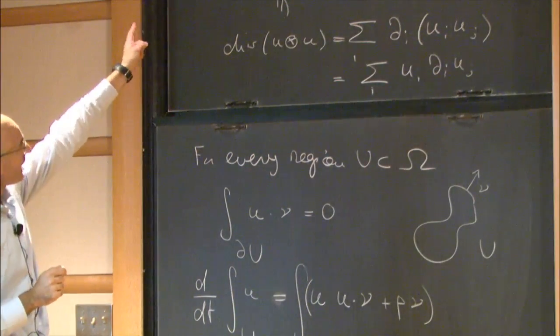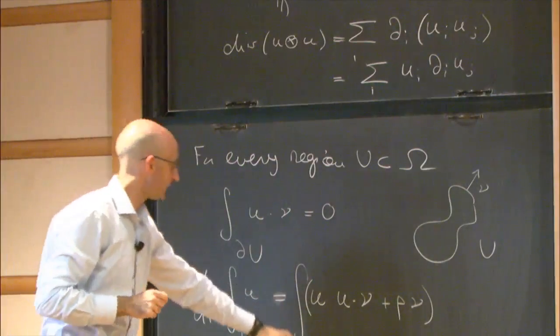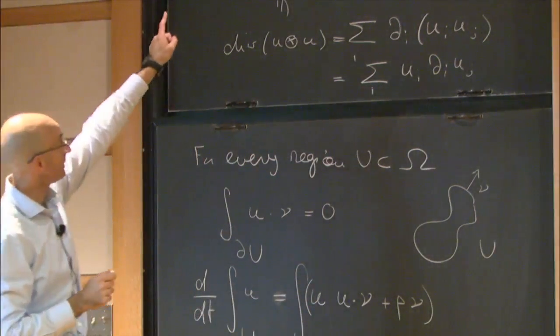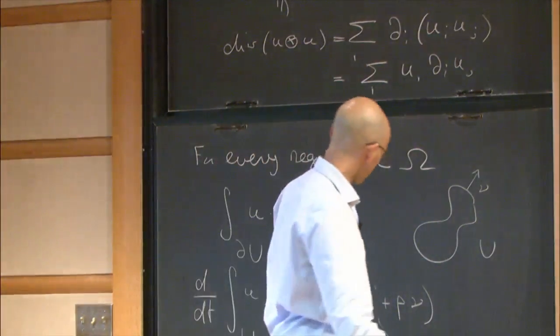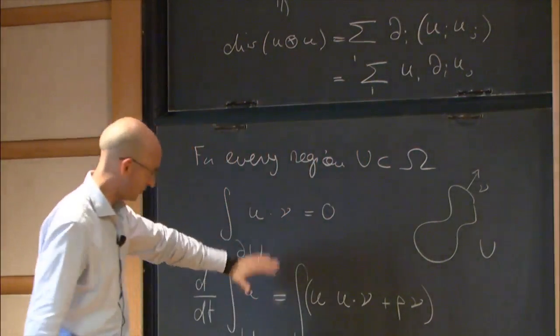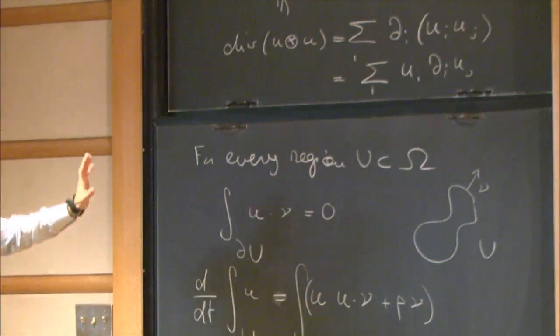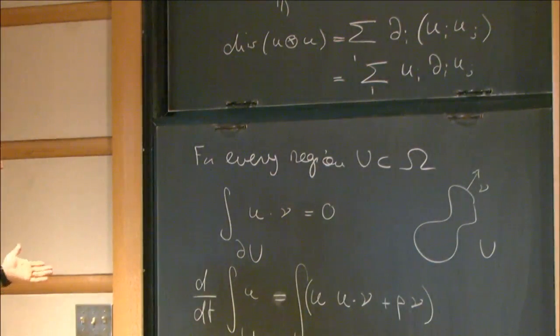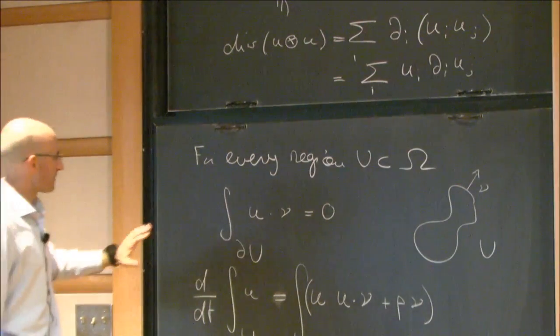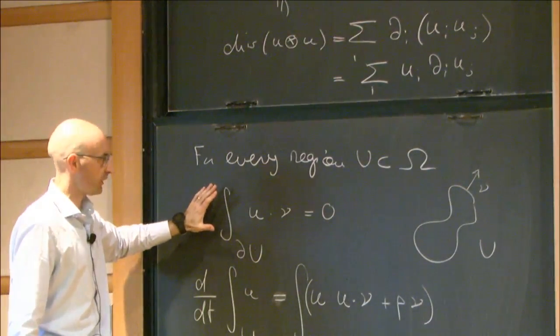But I prefer to write it down in that way because then it becomes apparent that I got, for instance, this by integrating divergence of U tensor U by parts, right? Which otherwise wouldn't be that obvious. So why did I write this down? Because it seems like a derivation which I'm giving you from the actual equation. Well, usually in textbooks it's the other way around, right?